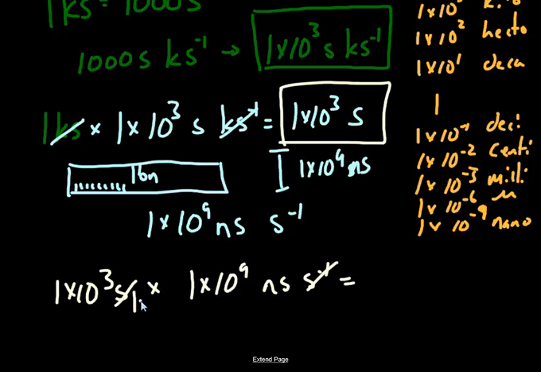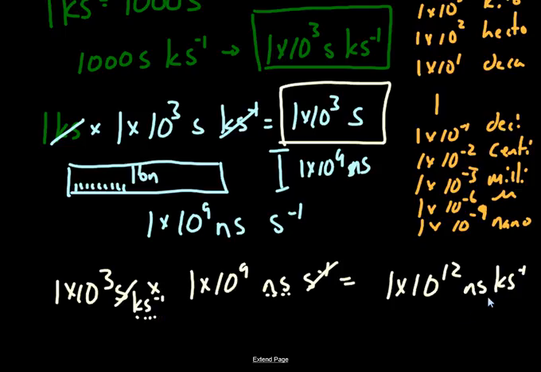Oh, and I should keep my per kilosecond on here. My bad. That's 1 times 10 to the 3 seconds per kilosecond. That's still on there. Okay. And then once that crosses off, what I end up with is, well, 1 times 10 to the 3 times 1 times 10 to the 9 is 1 times 10 to the 12. 1 times 10 to the 12 nanoseconds per kilosecond.